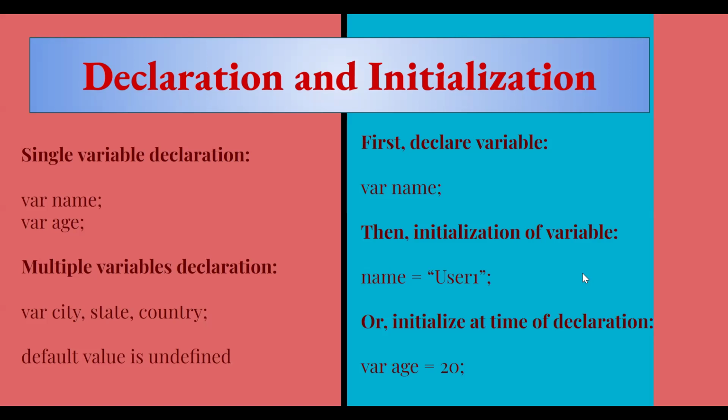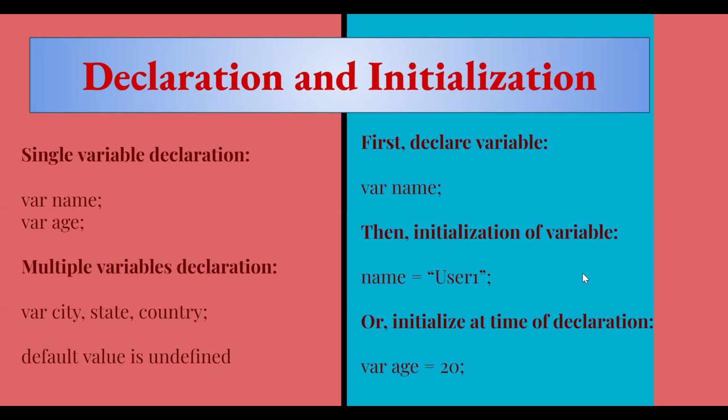Storing a value in a variable is called variable initialization. You can do variable initialization at the time of variable creation or at a later point in time when you need that variable. For example, one way is first declare the variable as var name and then assign the value to that variable as name equals user1.